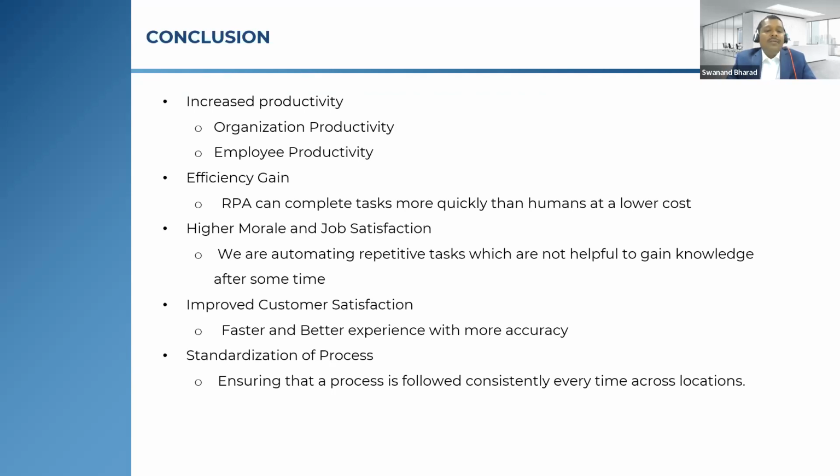Employee productivity means if any person is doing a task on a daily basis, he will get time to do some better work or to learn. He will get time to learn more tools and technology, or he can use his time to complete his task in a limited time.